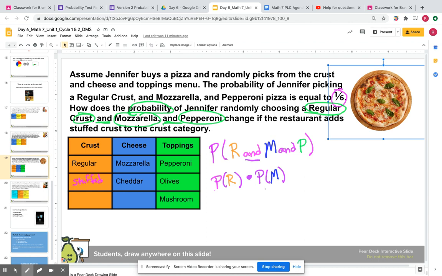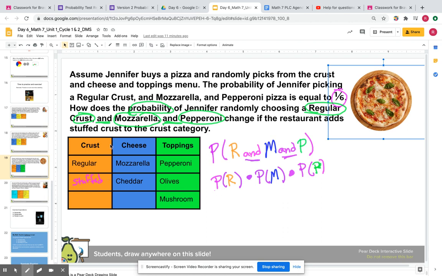So let me put M in there. And we're also interested, so we're going to multiply, remember, and means multiply, the probability of selecting pepperoni. Right, pepperoni. I apologize if it looks like an R. It's not my intention. That's a P. And I'll clean it up a little bit right now.